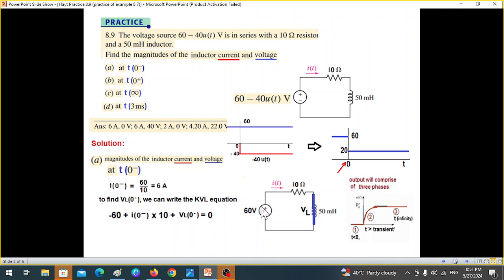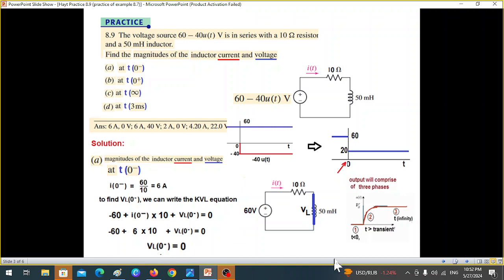So going this way, minus 60, plus i times 10, plus v_L(0 minus). And putting in the value of i, which is 6, we get v_L(0 minus) to be 0.